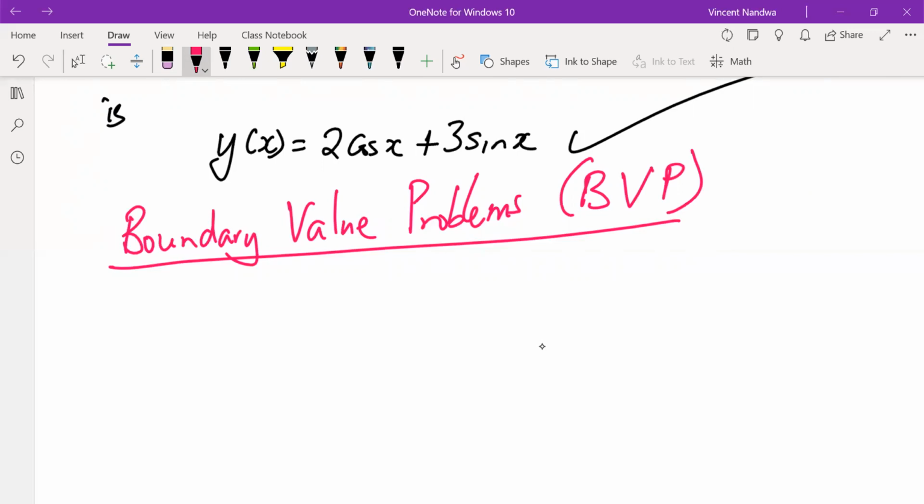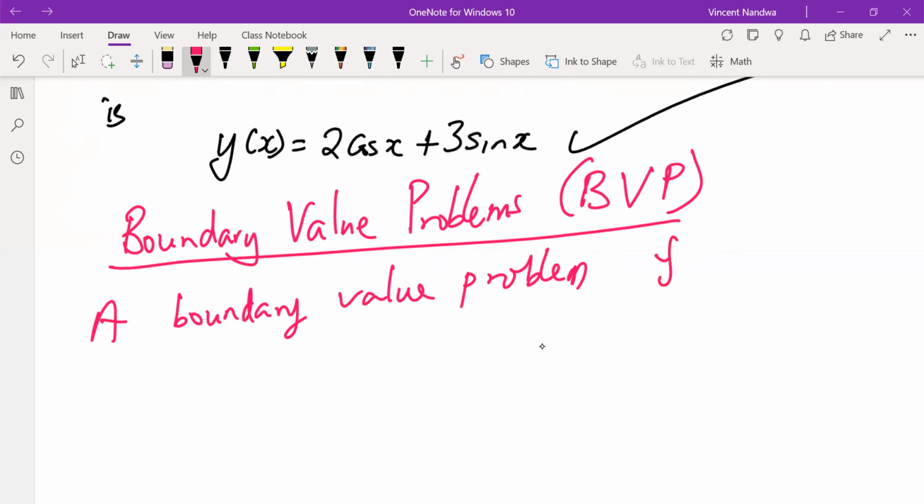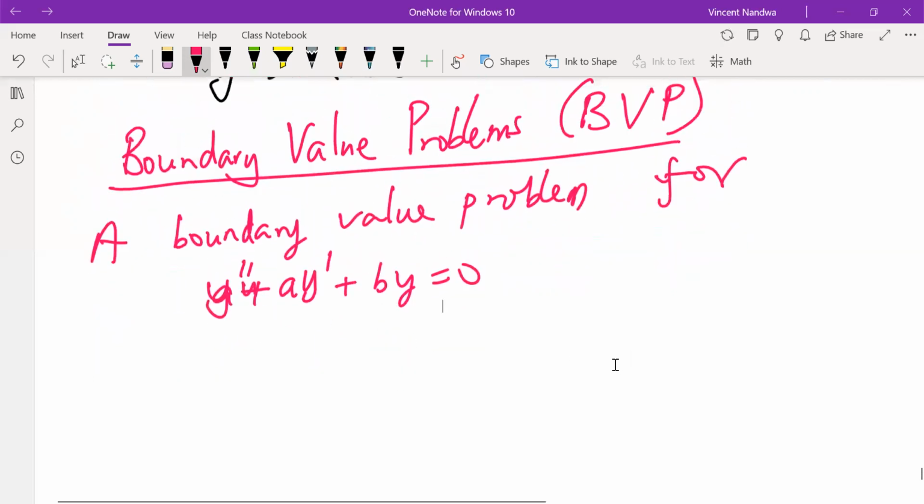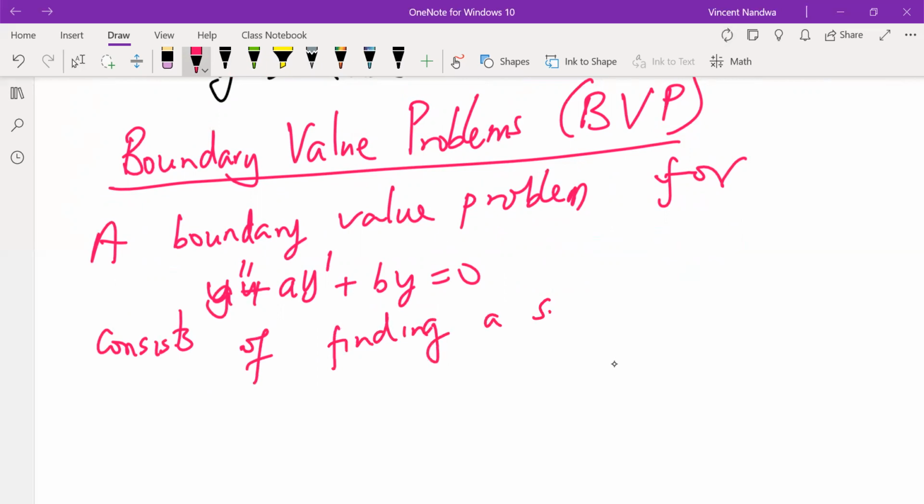So a boundary value problem for the equation a y double prime plus a y prime plus b y equals 0 consists of finding a solution of the differential equation.